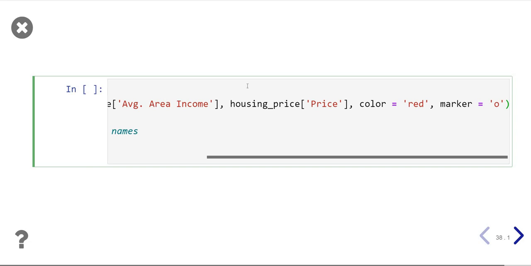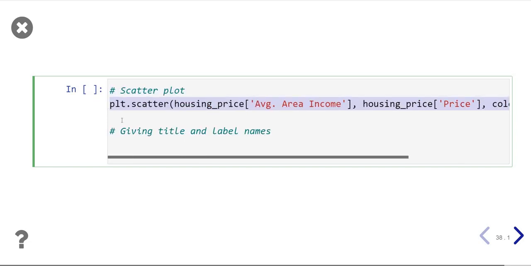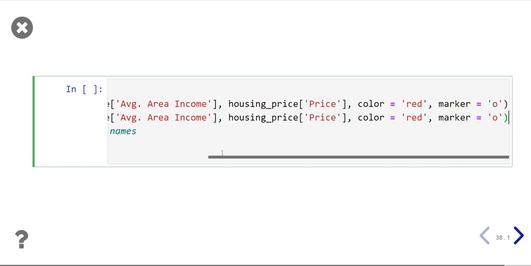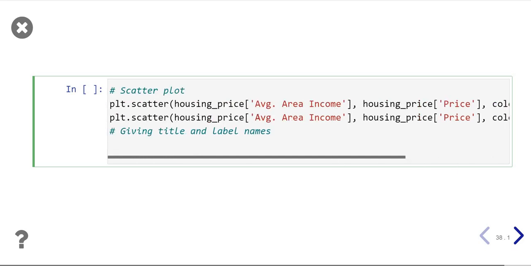So we're done for this. You can copy this whole line, plt.scatter. The only thing is you're going to change the color, the next one, to blue, and you can use X as the marker. And this one we are doing against what? This is area population.